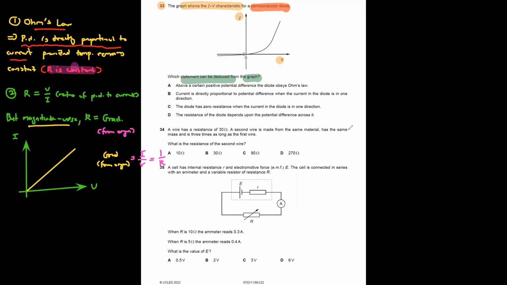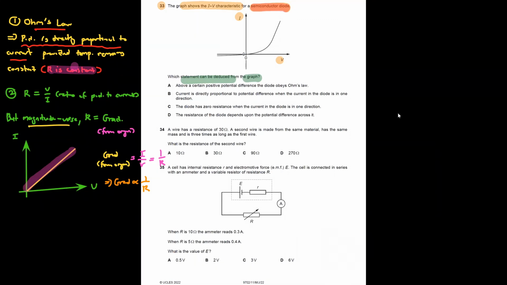So in other words, the gradient is inversely proportional to R. If I have an IV graph that looks like this, notice that my gradient is constant.